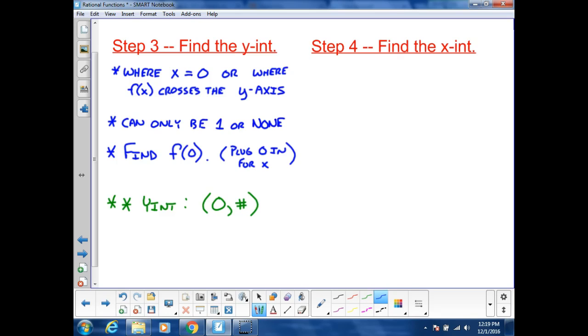It's when y is 0. But if I didn't want to say y, because we're dealing with function notation, I would say what? Where f of x is equal to 0, yep. Or it's where what? Where f of x crosses the x-axis.